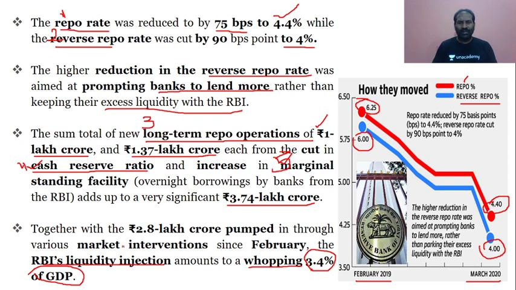You might get a doubt that when the RBI is pumping money into the market through these various methods, and there is more money with the people, it would again lead to inflation. Yes, definitely, when there is more money with the people or in the banks, it leads to inflation.